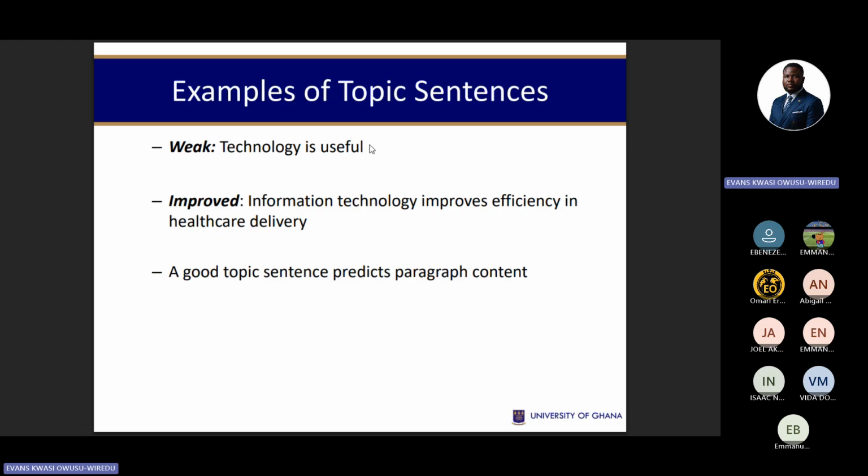Imagine someone passing by and saying technology is useful. Who doesn't know technology is useful? Is it something we should really talk about? Even when you want to start, where will you start? It's like you are in a battlefield and you've thrown arrows far apart from each other.